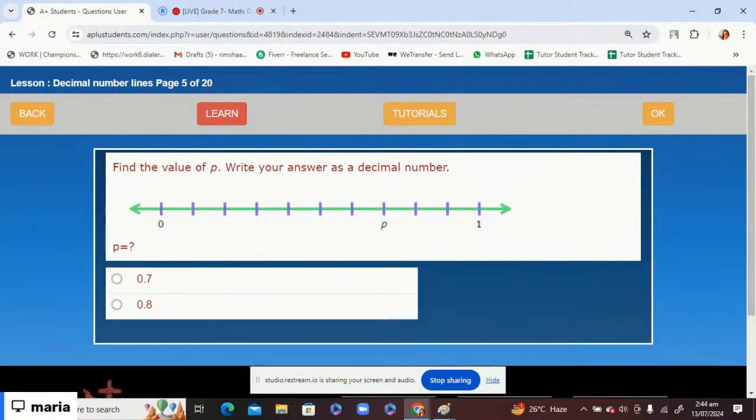Okay. Find the value of p, write your answer as a decimal number. Where does p lie? Count all the values now. It's again 1, 2, 3, 4, 5, 6, 7. That is 0.7. When I check, the answer is 0.7. Now you guys tell me your answer. Is it 0.7?